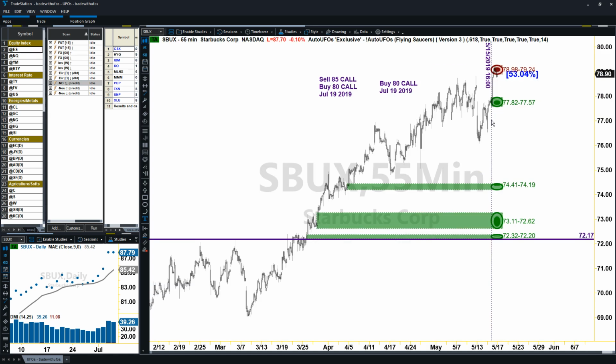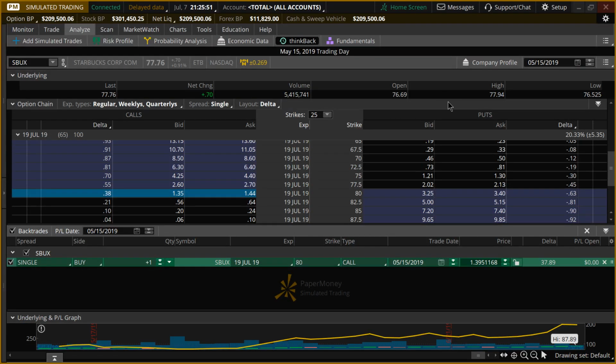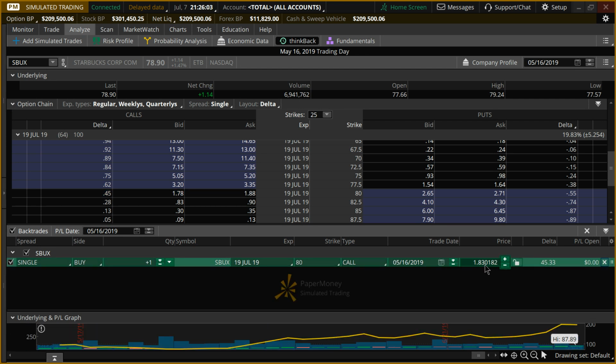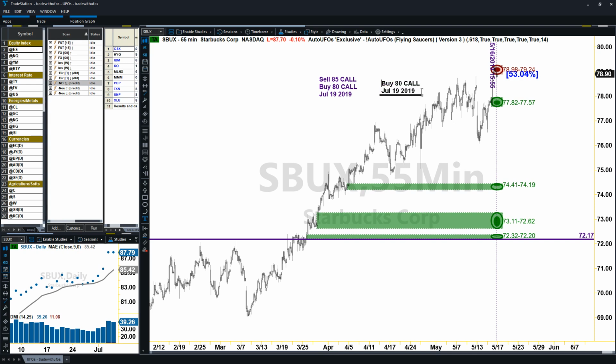So let's say on that 516, you bought the 80 call, and the 80 call was now worth 1.83. So let's say you paid 1.83. That was the next day.